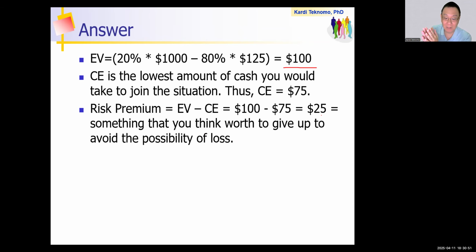So up to here, is there any question or not? The CE is something that you get with certainty, and the EV here is only for the gamble. Now, the risk premium is the difference between the two. What is risk premium here?